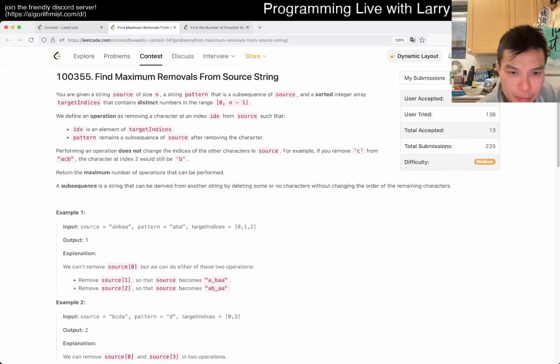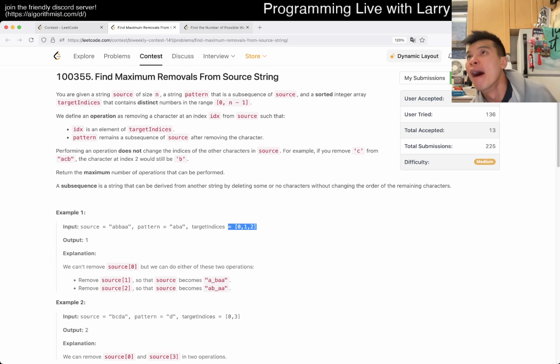Excuse me. And we say, can we remove this? Do we always want to remove in order? So target indexes and source, right? That's n square.